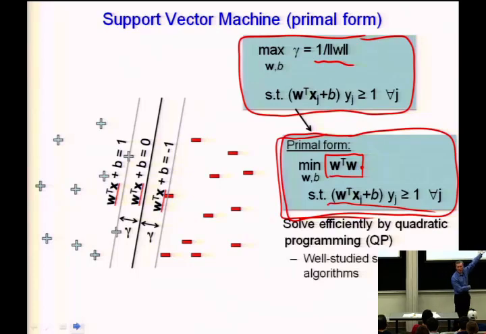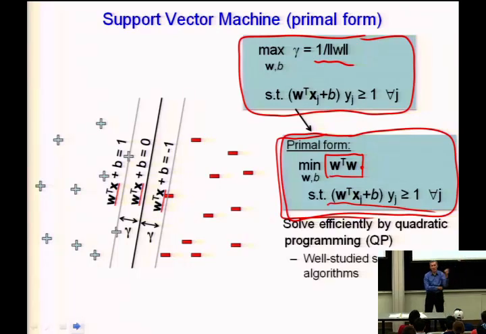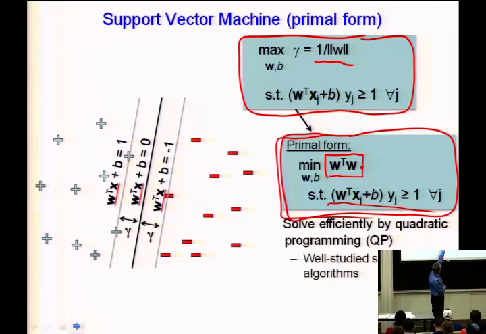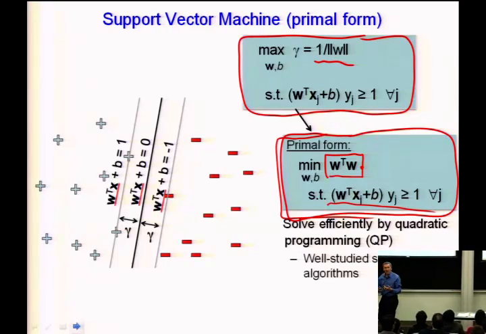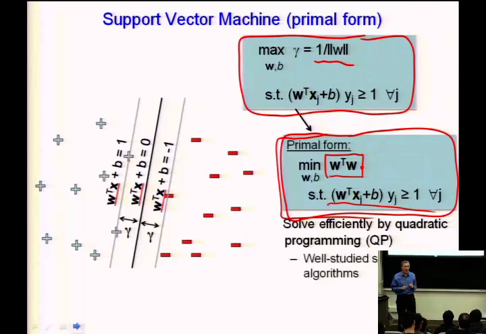Quadratic, yeah, we just said it's the sum of the squares of w's. And a quadratic programming problem is one where we're trying to minimize some quadratic function of the variables that we're selecting over, such that we satisfy a number of linear constraints. When I say linear constraint, I mean linear in W. Okay? So the linear constraints are linear in the variables, again, that we're trying to optimize over.